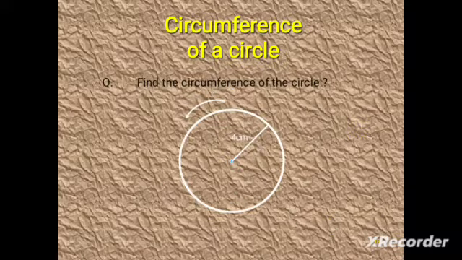A question: find the circumference of the circle. The circle given here has a radius of 4 centimeters, and we are supposed to find its circumference.